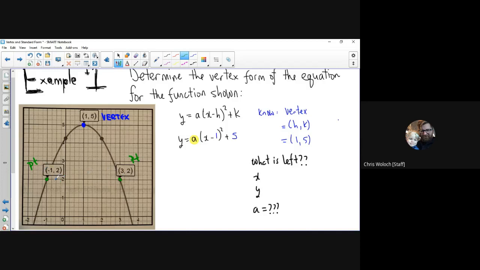I'm going to pick one of these points. If I pick this one, this has an x and a y value. The x is -1, the y value is 2. So now we're going to plug this into our equation here, and then I have everything I need to solve for a, all right? So we will plug these into our equation.